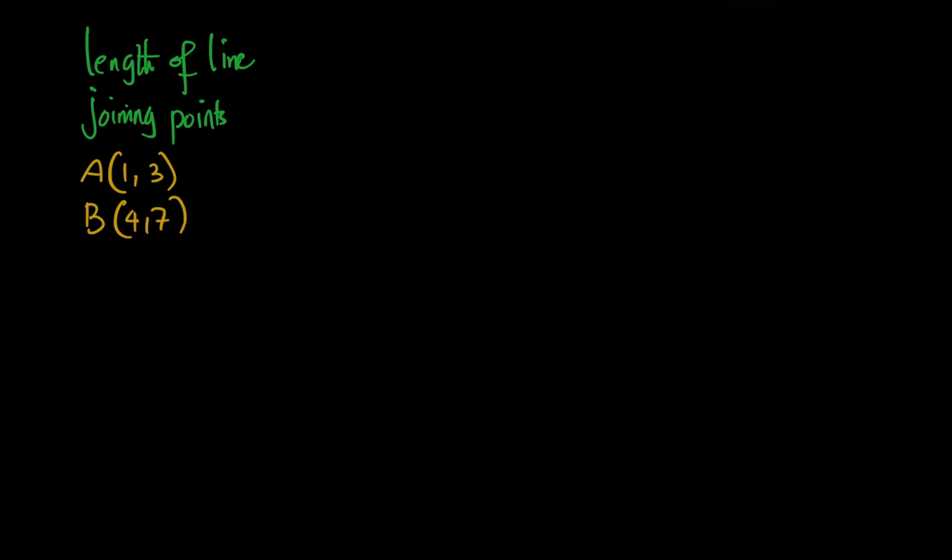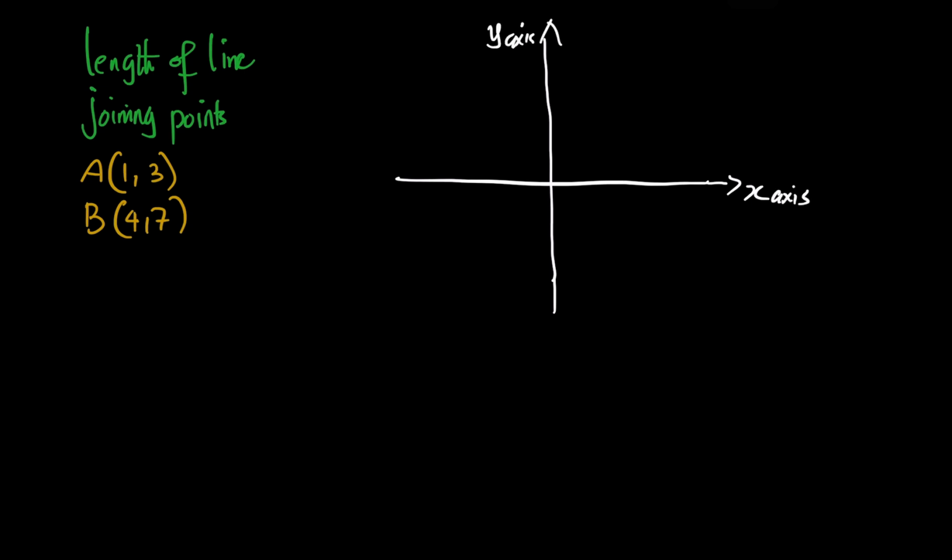So before we do that, let's imagine that we are in the xy plane, the Cartesian plane, where this is our x-axis and that is our y-axis, and at the origin we have the number 0. Our x could be 1 or 4, so the maximum is 4.